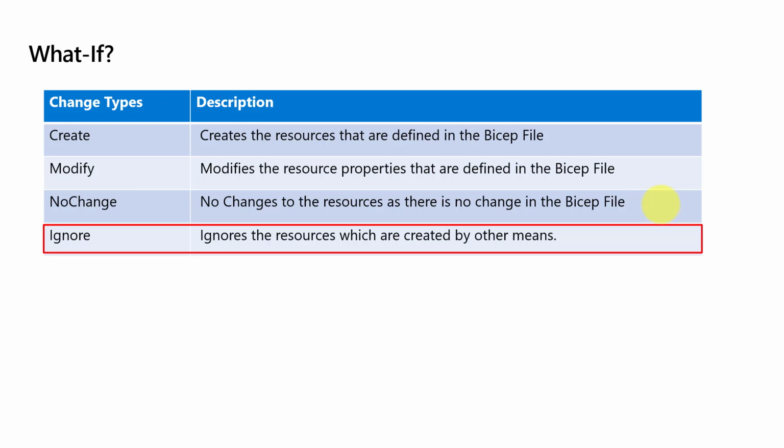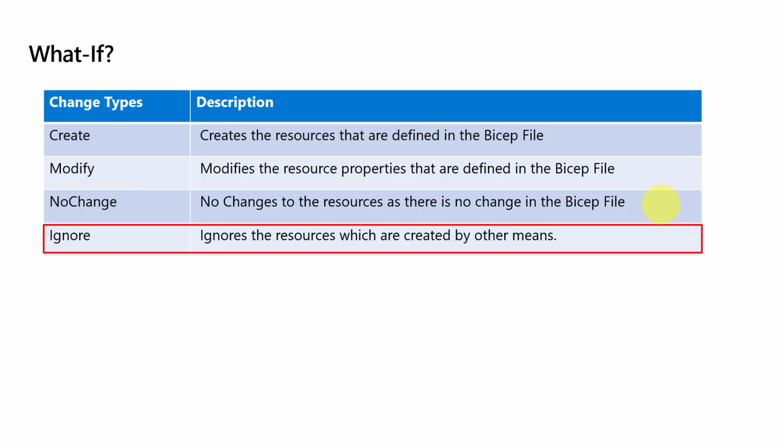Bicep will scan all the resources in Azure. It identifies that there is a third resource, but there is no script inside the Bicep corresponding to the third resource, right? So it will tell you that I'm ignoring the third resource. We're not deleting anything, we're not modifying anything, we're not creating anything. So for the third resource, you will see ignore.